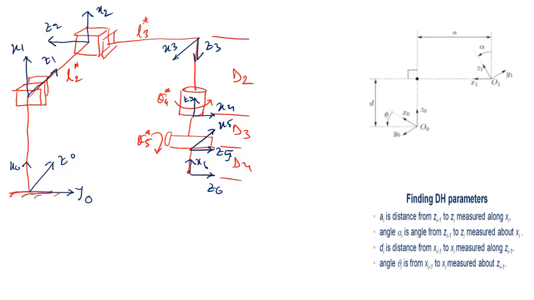If you can do the transformation from 0 to 1, 1 to 2 like this, that means your frame of reference assignment is correct.